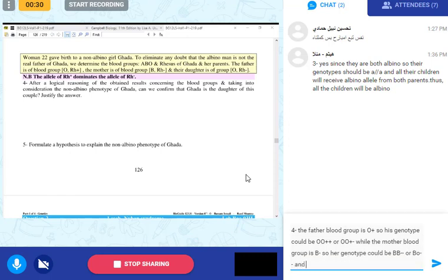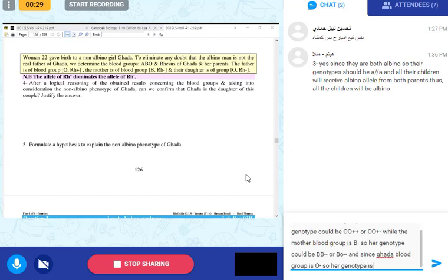And since Ghada's blood group is O minus, her genotype is OO minus minus, no other choice.